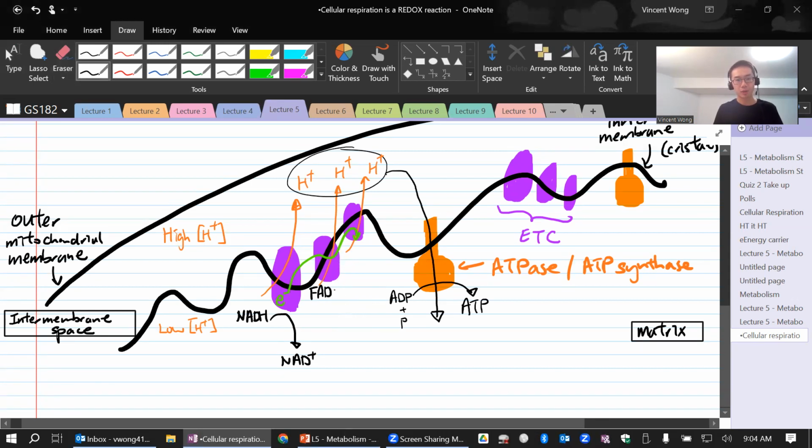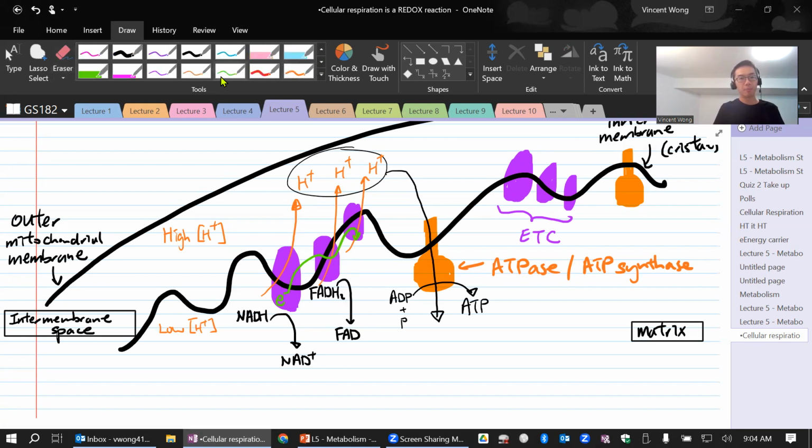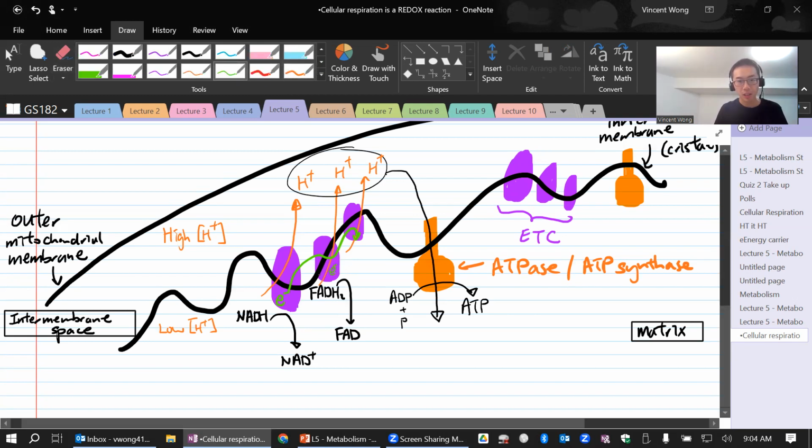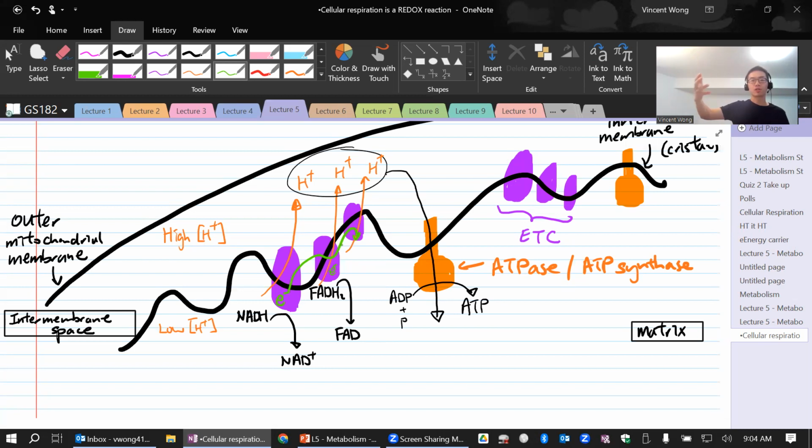And then it's going to become FAD. So it will also let the electron get off, but because it got on at a lower level, it's not going to be able to pump as many H plus over, right? And as such, when the H plus goes back into the matrix, you will only be able to create 2 ATPs instead of 3.